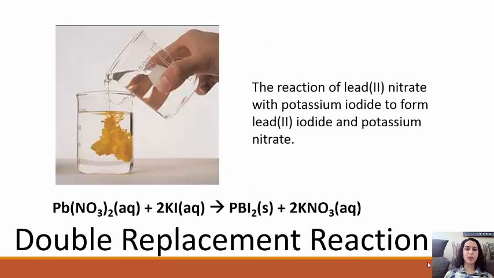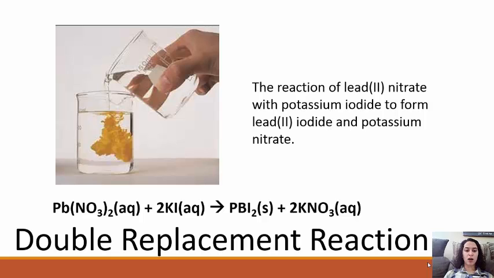So an example of this that we have seen was when we had the aqueous lead(II) nitrate and aqueous potassium iodide. They're both aqueous. When we combined them, it formed the yellow precipitate, lead iodide, and the aqueous solution, potassium nitrate.